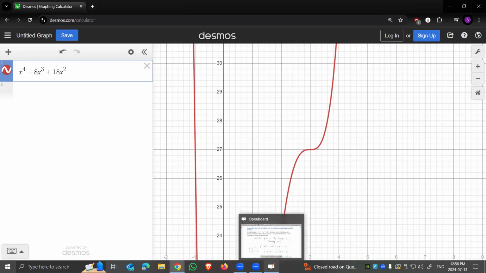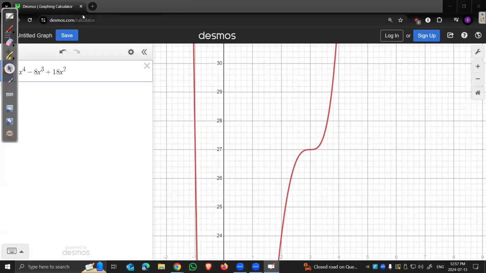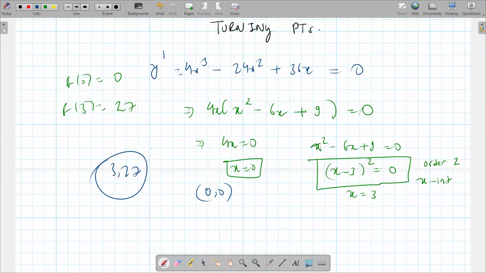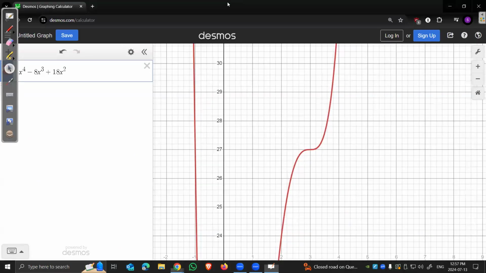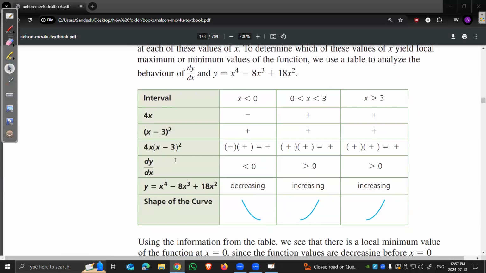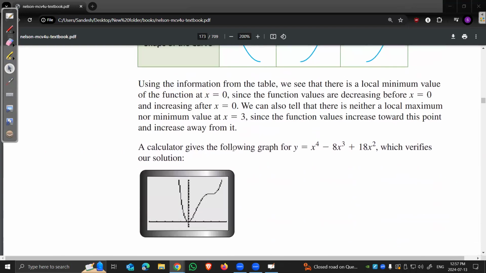If it was a turning point, then it should have gone down like this. It needs to go back to where it came from, okay? That's a turning point. Is that a turning point there in the middle? No. So that is actually not our maximum. I'm sure they cheated here. Let's see. Actually, they didn't. They did cheat. They always graph it out.